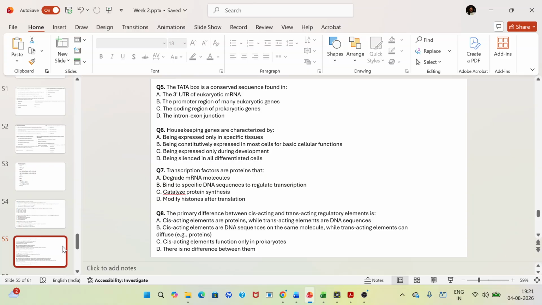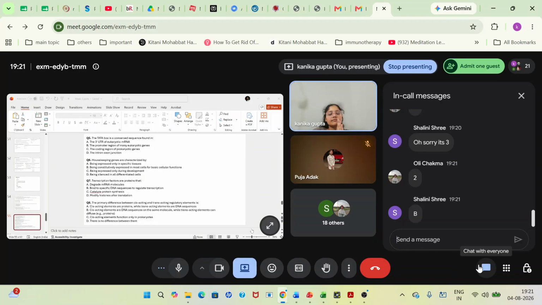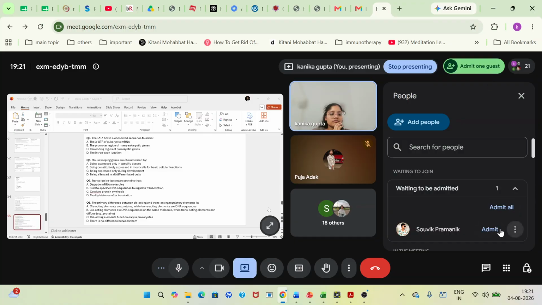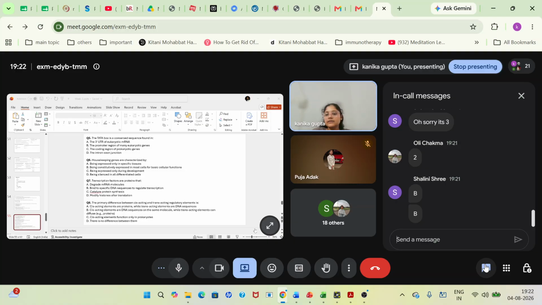The TATA box is a conserved sequence found in. What is the location of the TATA box, everyone? Yes, it is the promoter region of many eukaryotic genes.